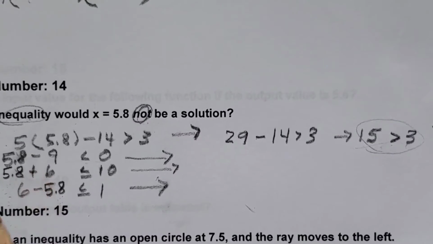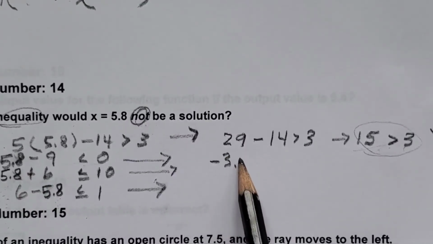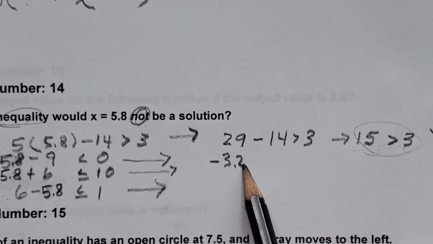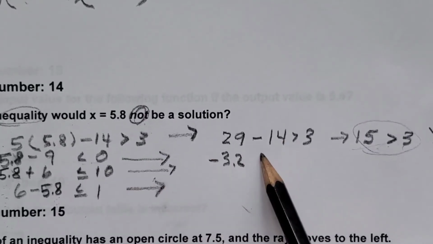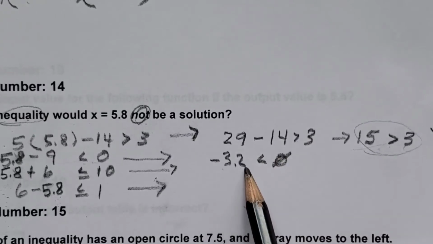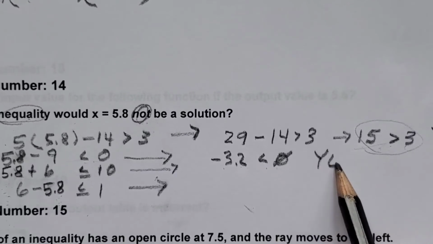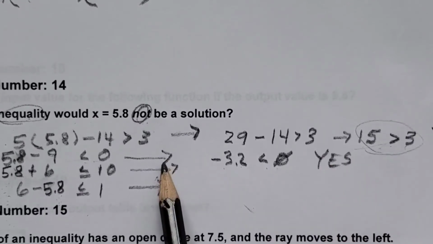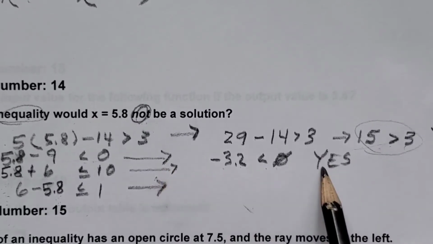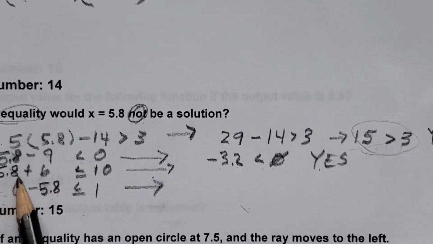What is 5.8 minus 9? We get negative 3.2 is less than 0. Is negative 3.2 less than 0? Yes, it is. This is also a positive outcome because we can answer yes. So let's move on to the next one.